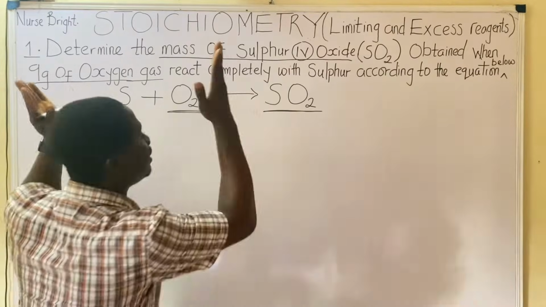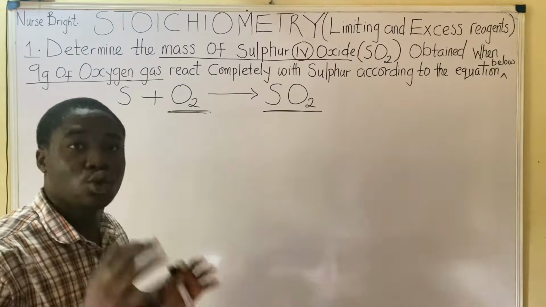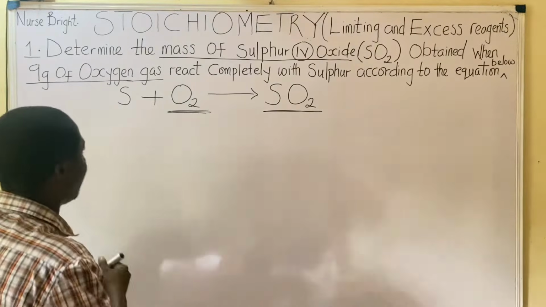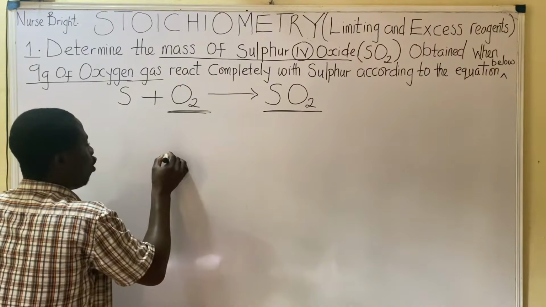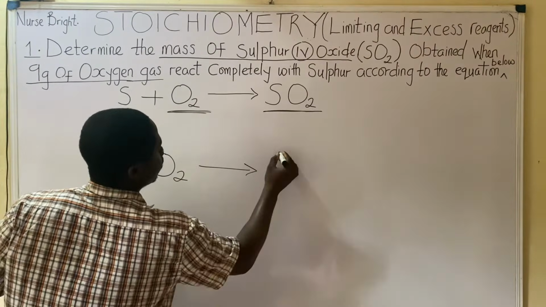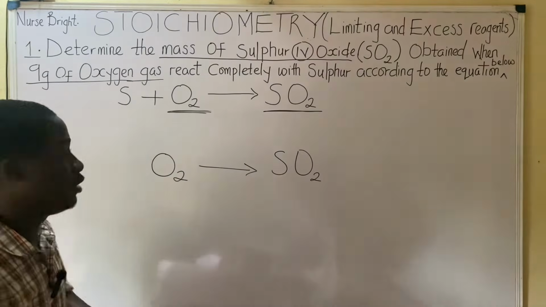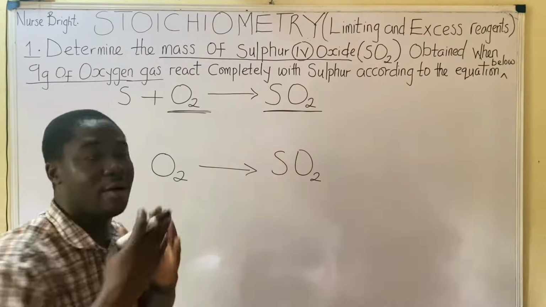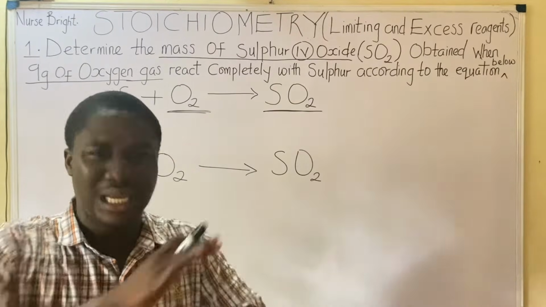Make sure your equation is balanced. And from the look of things, this equation is balanced. So let us bring the two parameters down or rewrite them. It is between oxygen and SO2. So oxygen O2 to give me SO2. Are you getting the point? So I brought out the two parameters we are relating to solve this question, and it is very, very easy.